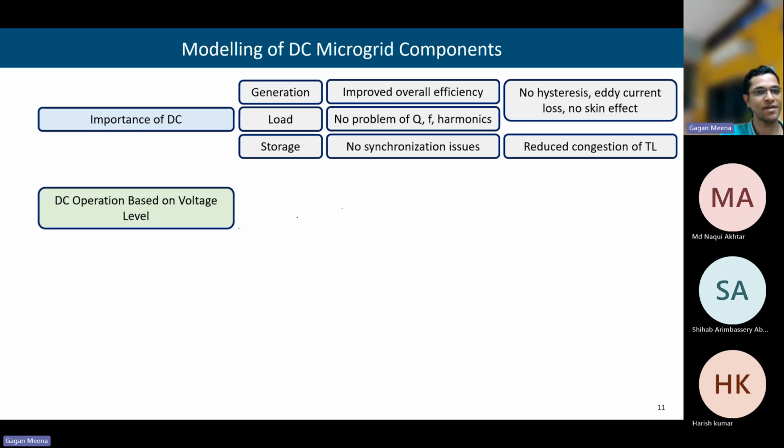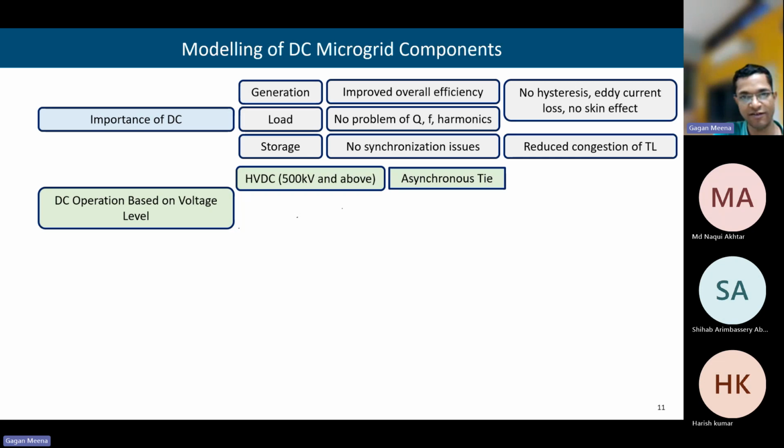And then based upon different voltage levels, we have different DC. The HVDC we have already discussed. It's 500 kV and above, and it's used for asynchronous ties. We are using HVDC for long distance transmission as well as for interconnecting two systems operating at different frequencies.